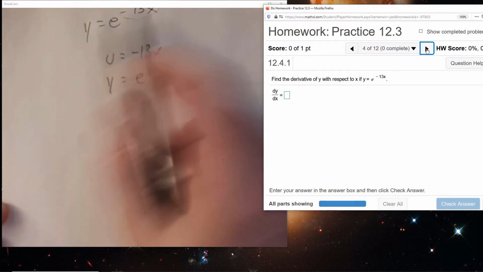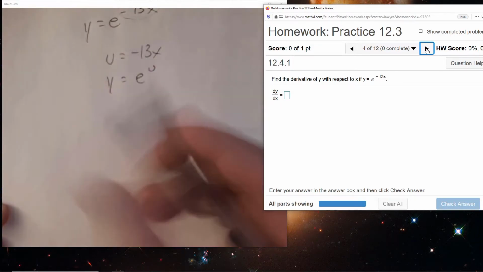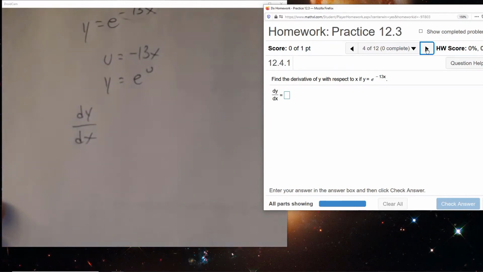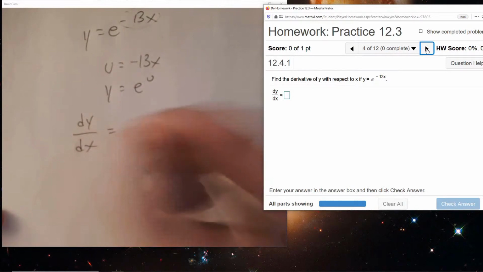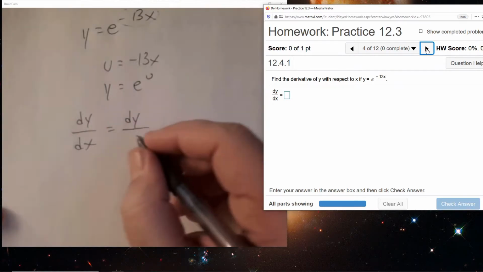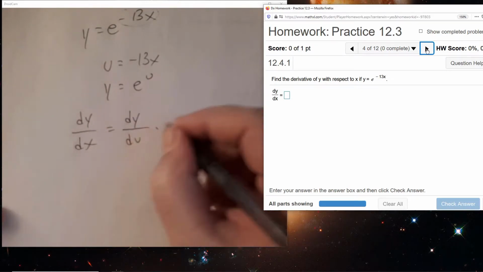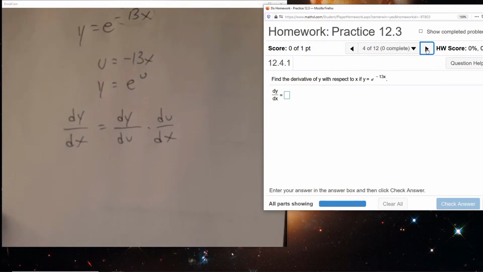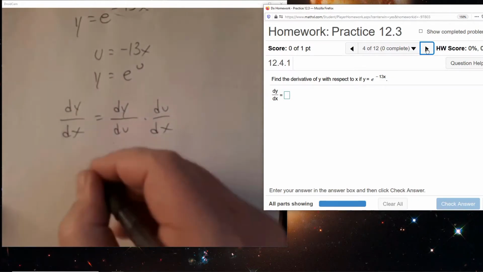In terms of the letters given, in terms of y and x and u, we want the derivative of y with respect to x. That's what we want. That's our derivative. And the chain rule says, well, this derivative is equal to the chain rule expression. And so now we'll plug these pieces in.